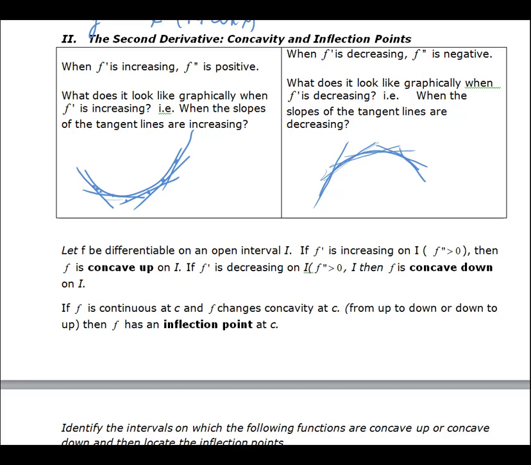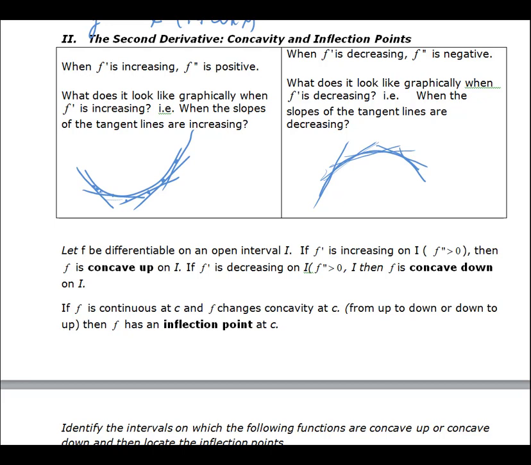Now I'm starting into negative, and more steeply negative, meaning a larger negative value. This means that the second derivative is negative. And when the second derivative is negative, it means that the first derivative is decreasing. So the function f prime that we're thinking about is decreasing, so its derivative is negative.